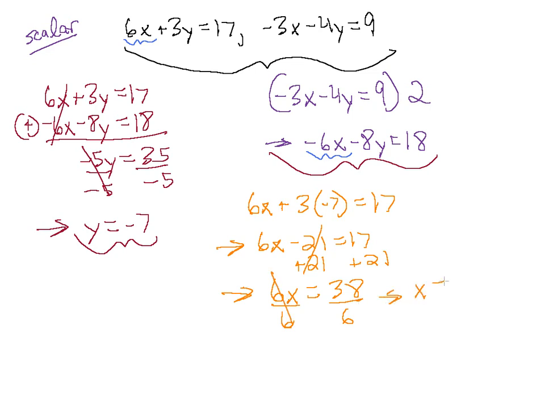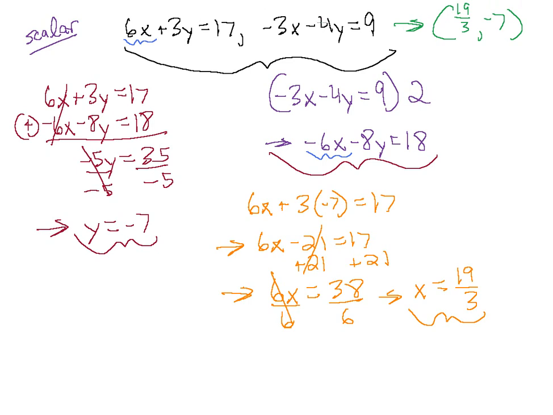We should be very good at solving these equations by now, which gives us 38 over 6, which will simplify into 19 over 3 if we factor 2 out of the top and the bottom. So now we have our value for x and our value for y. All we have left to do is write our exact solution for our system of equations, which is 19 over 3 and minus 7.